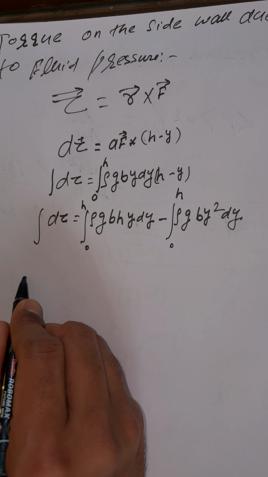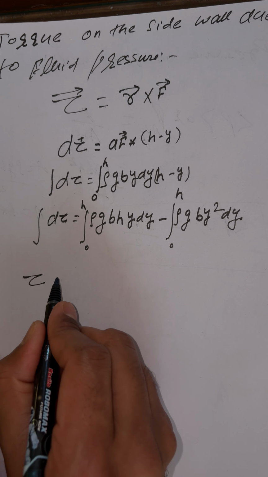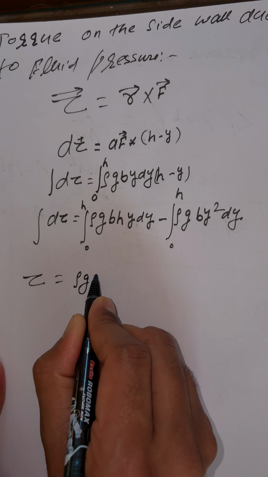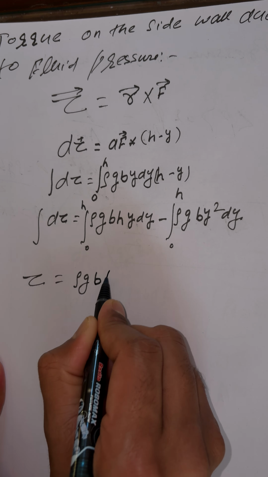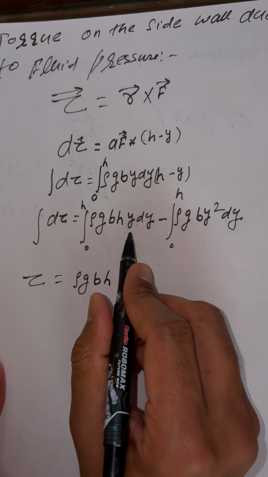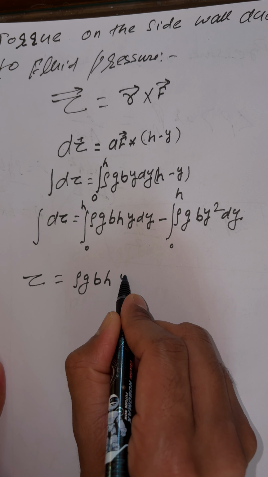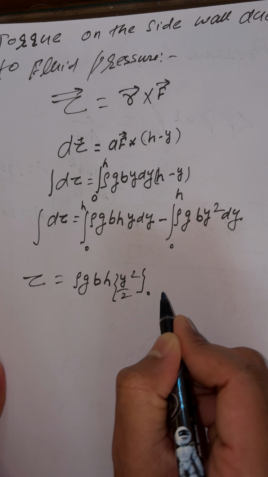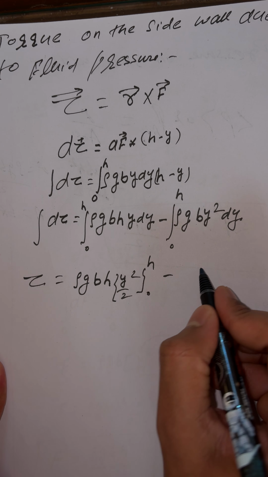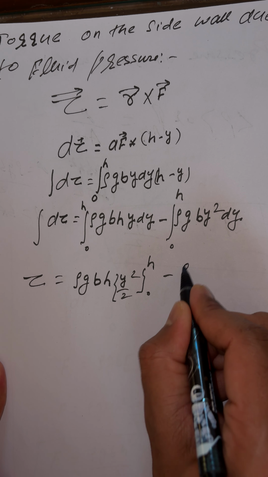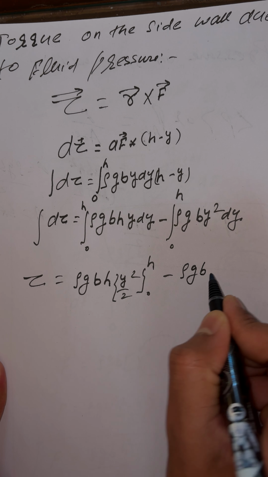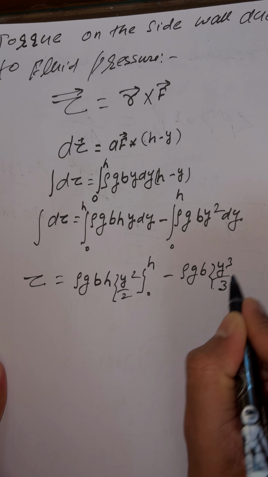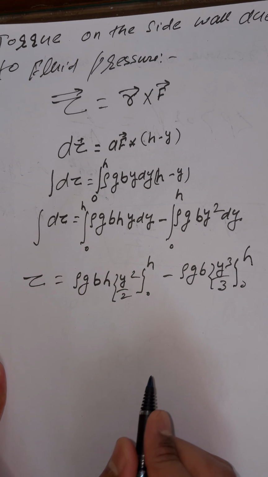So d tau, students, remains tau only, right? This is rho g b h, and y dy gives y squared by 2, limit 0 to h, minus rho g b, this is y cubed by 3, limit 0 to h.